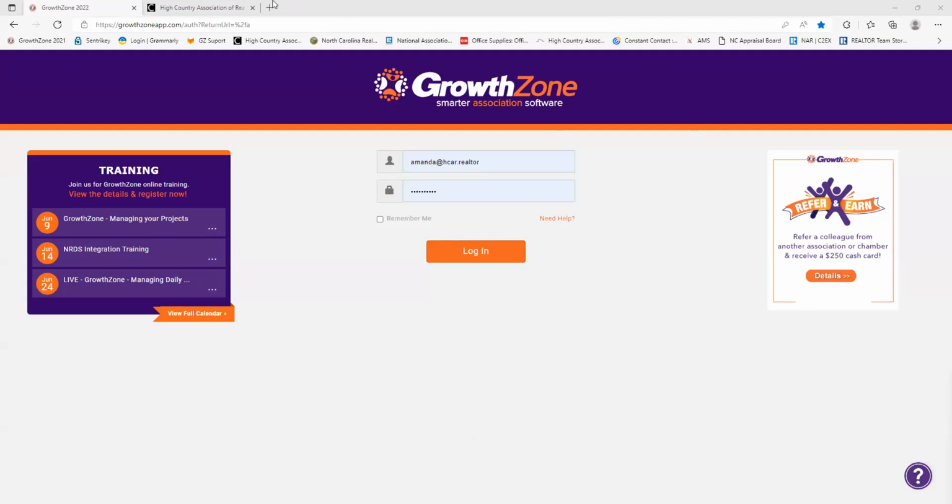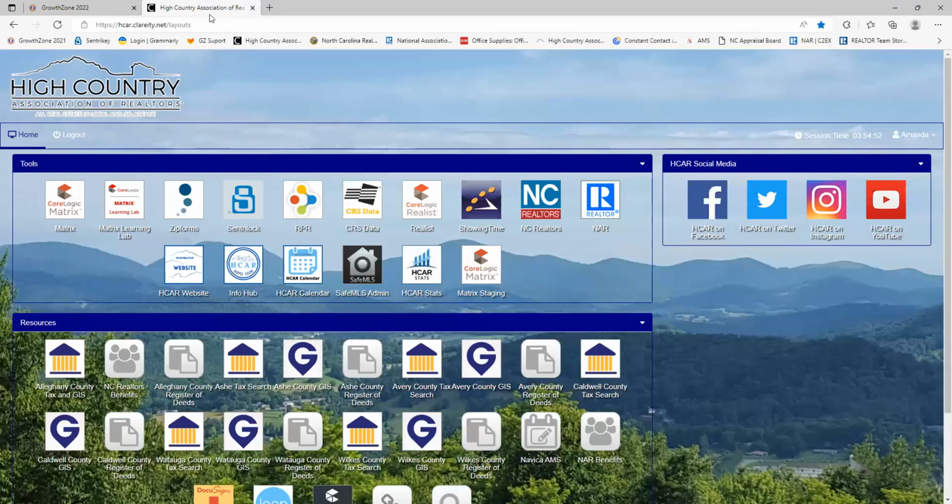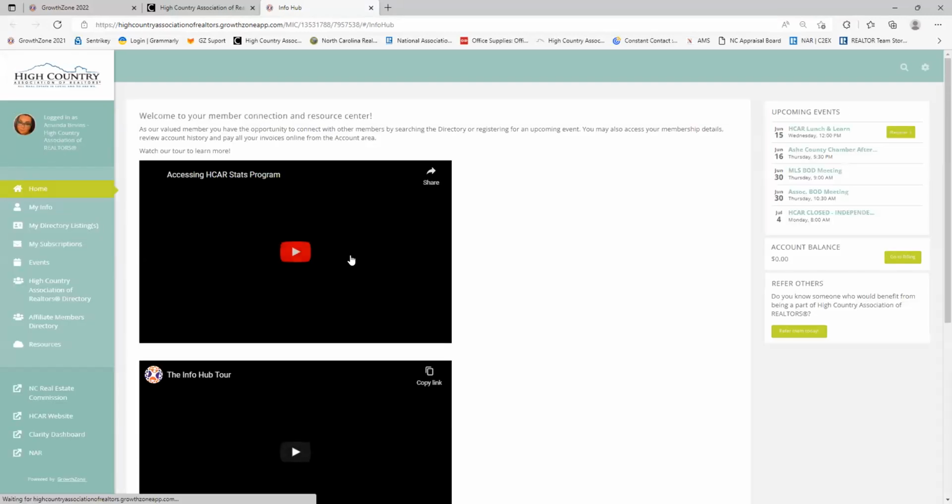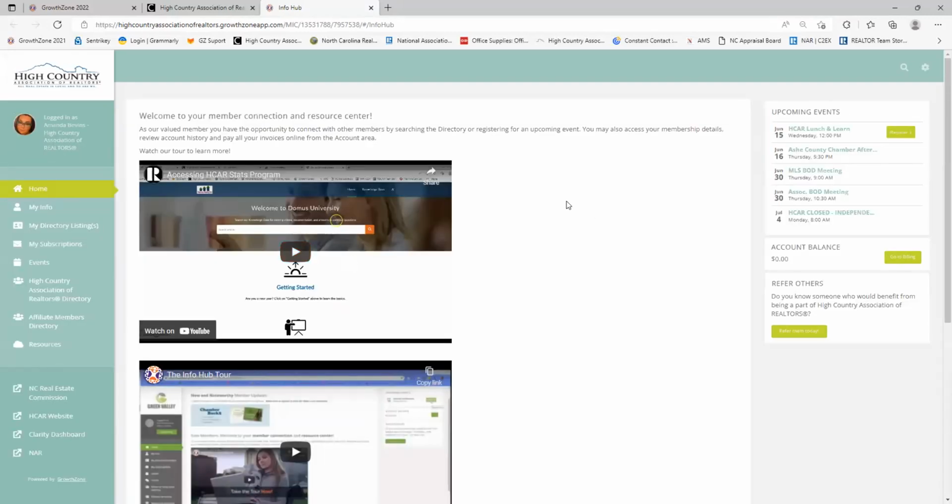All right, so there are multiple ways that you can get in. The easiest way is going to your Clarity dashboard, and then you can open it up by the Info Hub icon. All right, so here's the main screen of your Info Hub.